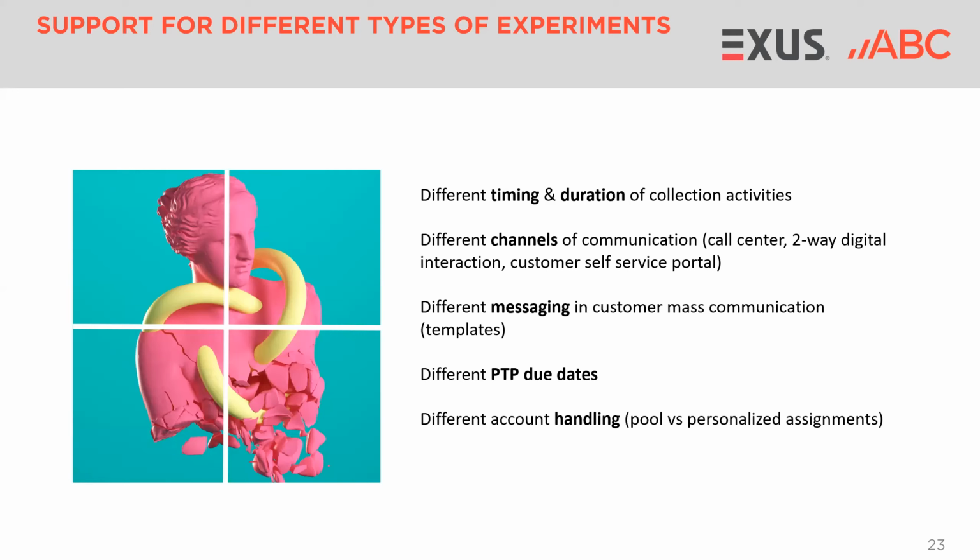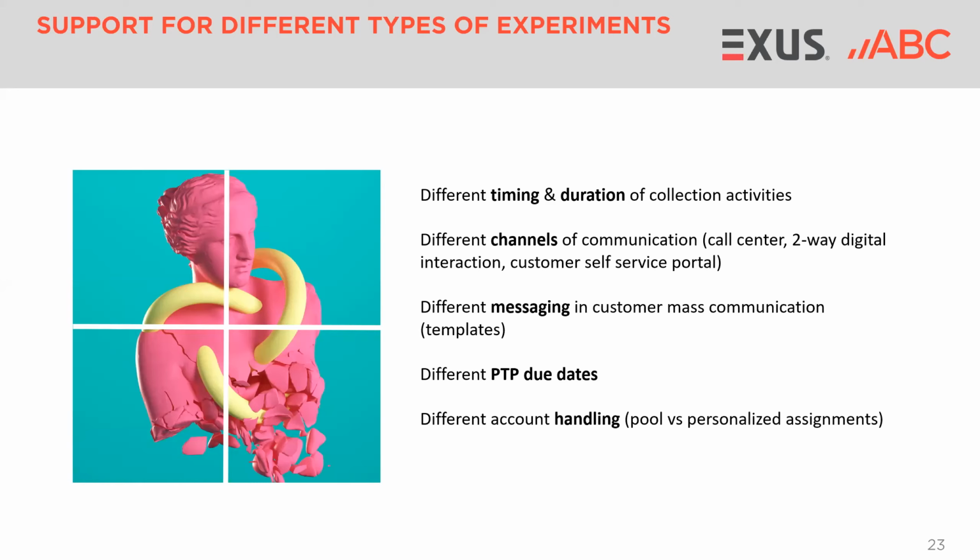Another type of experiment you could do is you might want to change the messaging in your mass communication with your customers. We have actually seen that some of our customers who made just slight changes in the messaging of SMSs, for example, have seen a very big increase in cash collected.